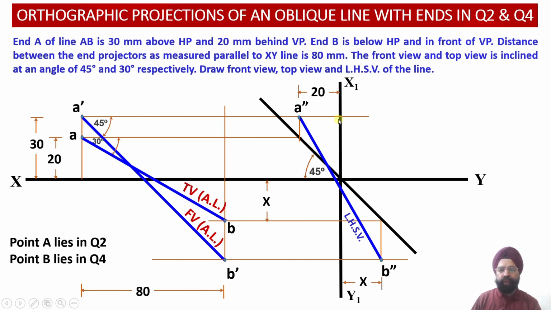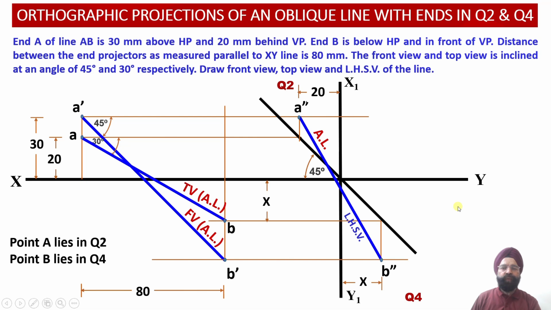So in the side view we can check point A double dash is lying in the second quadrant, while point B is lying in quadrant number 4. This way the projections of the line in the front view, the top view and the left hand side view have been obtained.